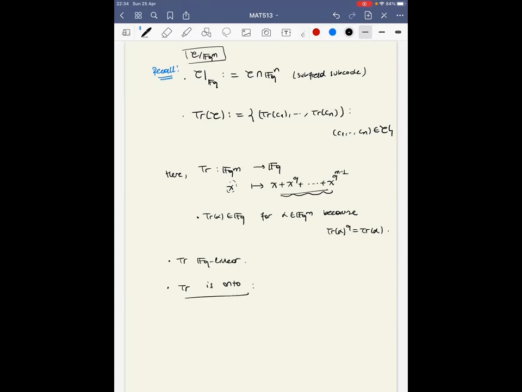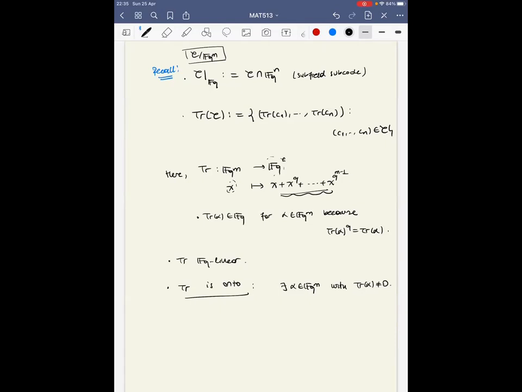In order to see that this F_q linear map is onto, it is enough to see the existence of alpha in F_q^m which has non-zero image. And then we can produce all elements. We can find the pre-image of these elements c from F_q.